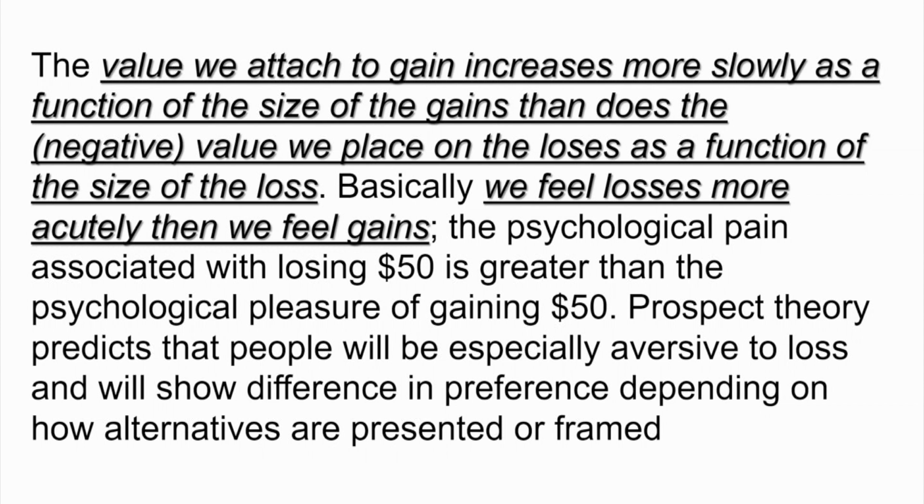So, another interesting feature of prospect theory is that people do not like losses. They are averse to loss. So, people do not like losses at all. And so, if a particular option is framed differently, is worded differently, people will change their preferences.